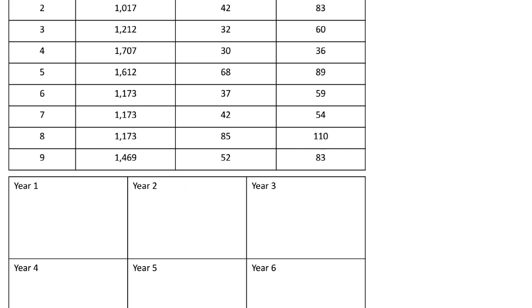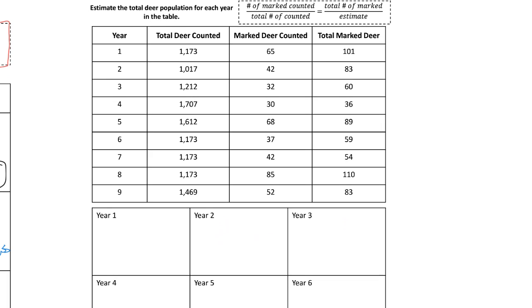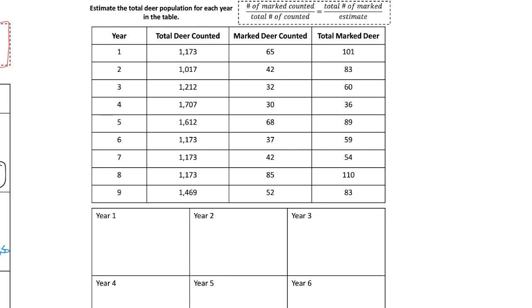So we are given this table. We want to estimate the deer population for each year. We're using the same proportion, but now we're just given a table. The table makes it a little easier because it tells us the total deer counted, which goes in the denominator.